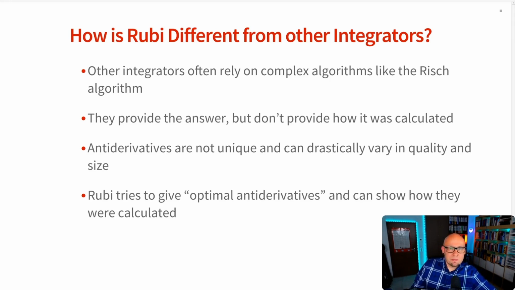One of these algorithms is, for instance, the Risch algorithm, which was a milestone in computer algebra as far as I know. And the thing is that these algorithms usually give you an answer if they can calculate it, but they can't show you how you get to that point. So there's no way to follow the steps on paper, how you got the antiderivative of an expression.